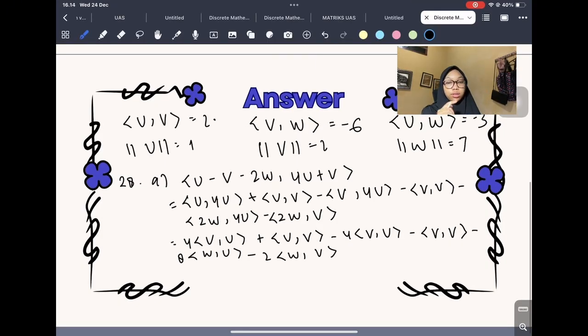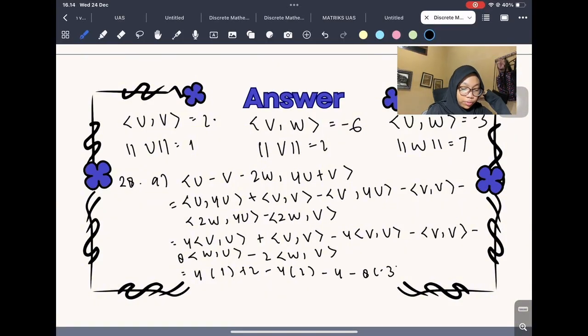So substitution of the known values. What is u and u? It is 1. Then 4, 2, 4, 2, 4, minus 8, minus 3, minus 2, minus 6. We calculate 4 times 1 is 4. 2 minus 4 times 2 is 8, minus 4.